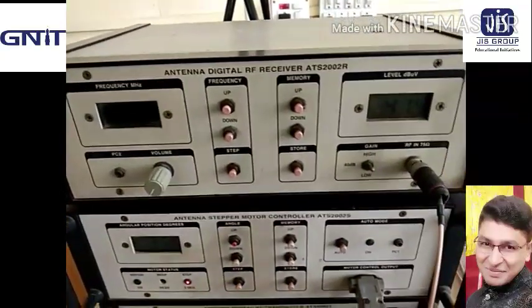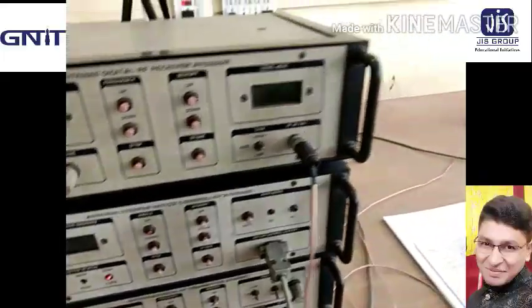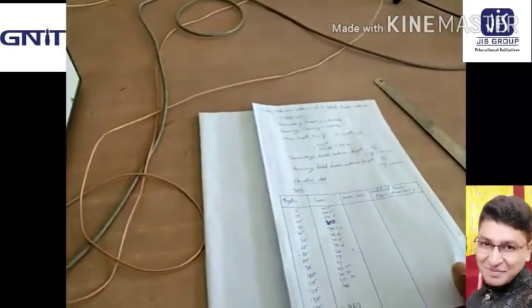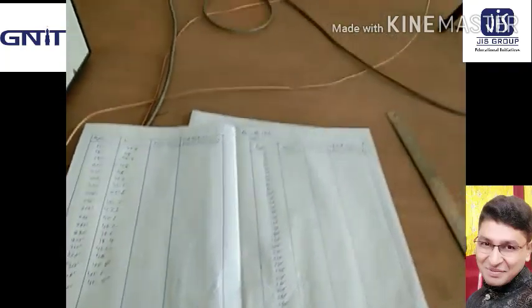This is also the elevation plot reading. Now the azimuth plot.